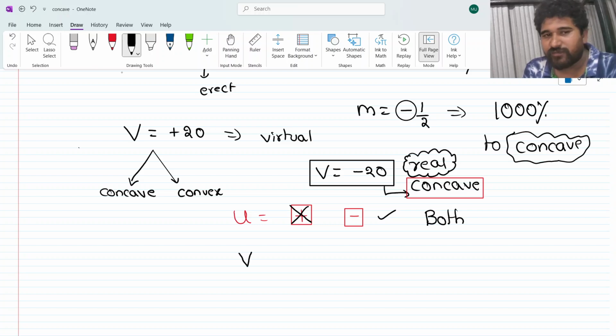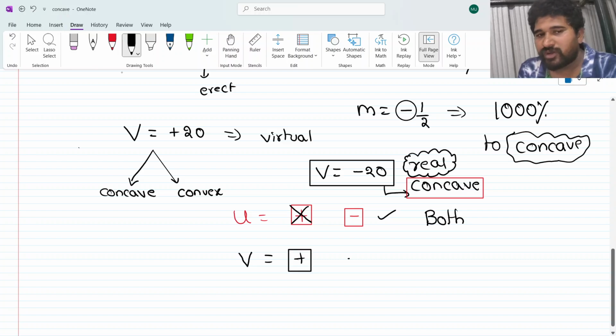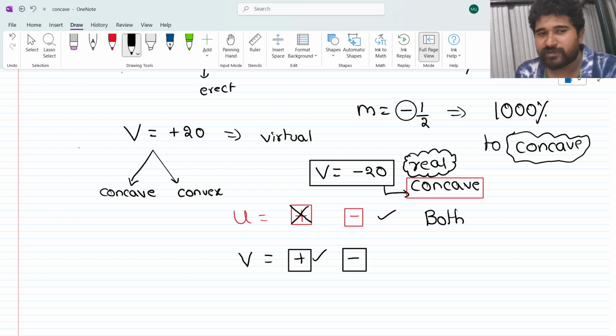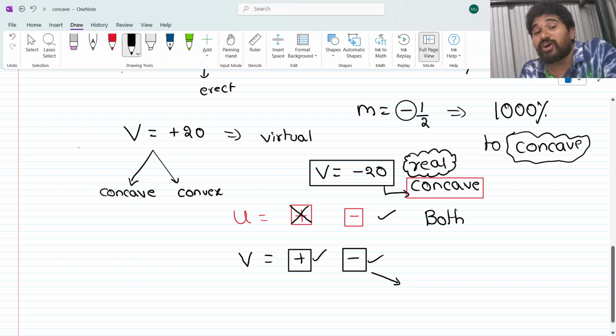Now let me check the V. Positive, negative. What can happen? You stand up now. Both can tick. Okay. For which one negative? For which one positive? No, you are wrong.